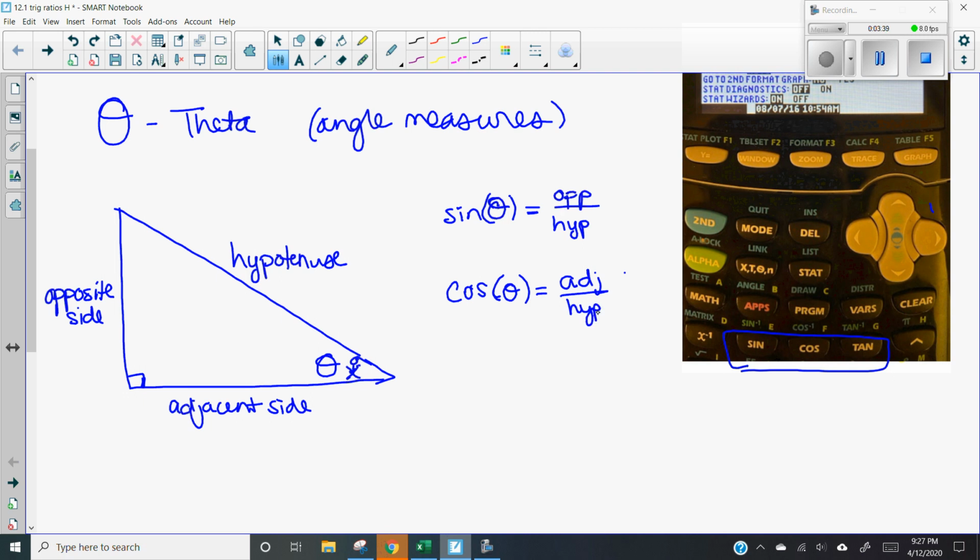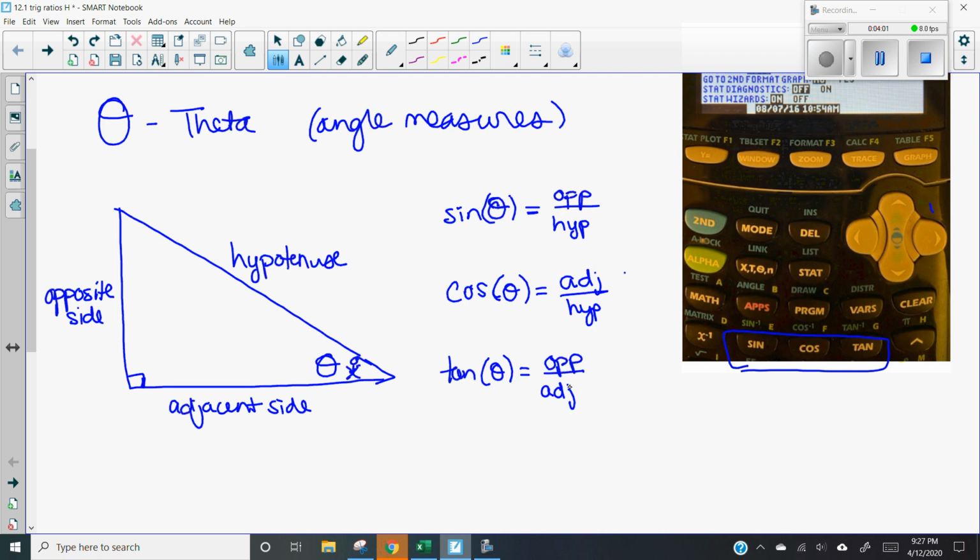It's just some number. We'll talk about those numbers later. And then tangent of theta is this ratio, opposite over adjacent. So that is how sine, cosine, and tangent are defined. They are just a ratio of two of the sides of the triangle.